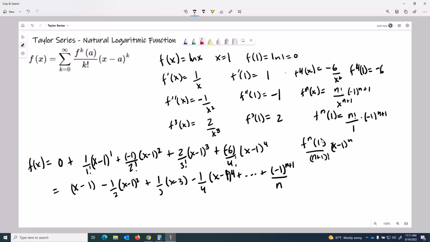Because if we substitute this in, the factorials cancel each other out and it leaves you with just a single variable. Depending on which way you look at it, it could be n plus 1 in either case, but let's just do n. And then this is going to be multiplied by x minus 1, to the power n.